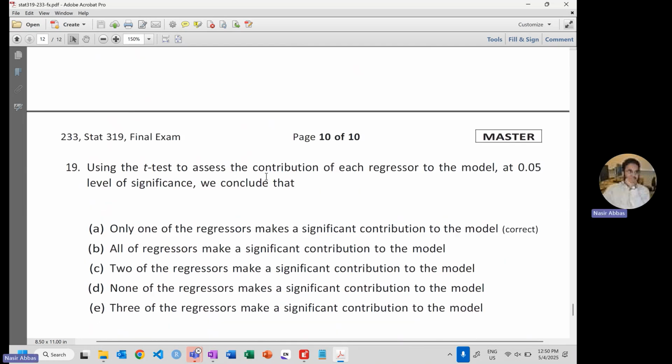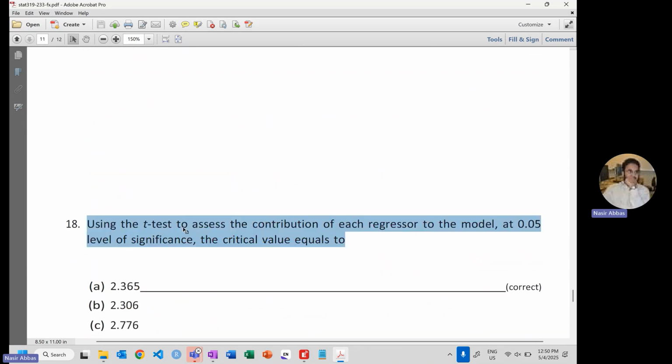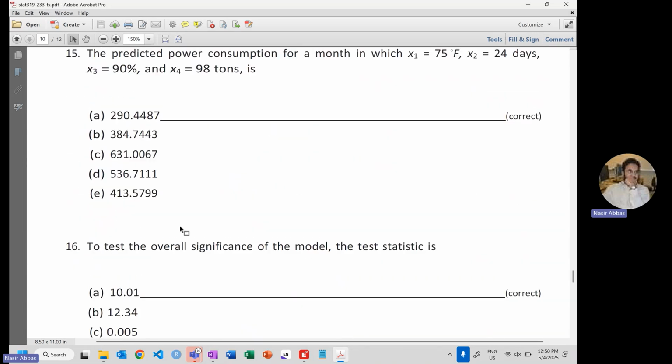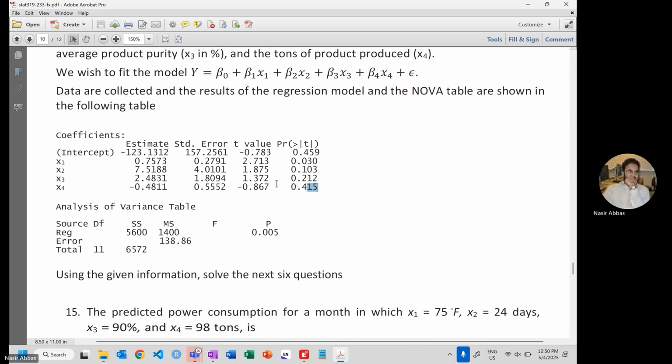Using the T test to assess the contribution, we conclude that only one predictor is significant. All of them are significant. We can see it from the p-values. Look here. How many of them are significant? Look at the p-values. How many of them are less than 5%? Only one of them is significant.